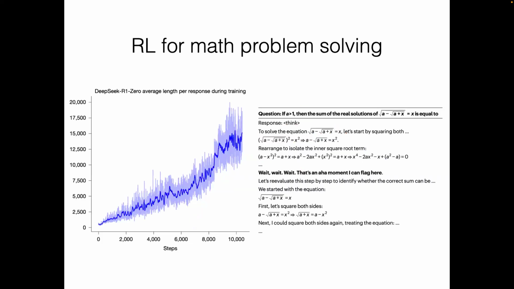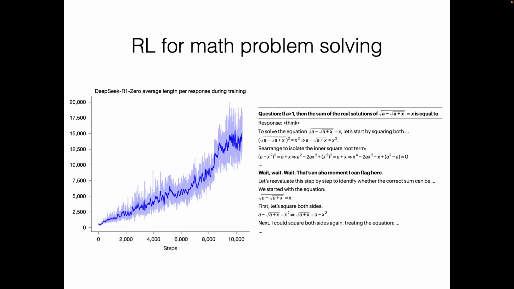And one interesting thing, in addition to the really strong performance, the really interesting and maybe breakthrough thing here was this long chain of thought phenomenon, which came as a result of this training.